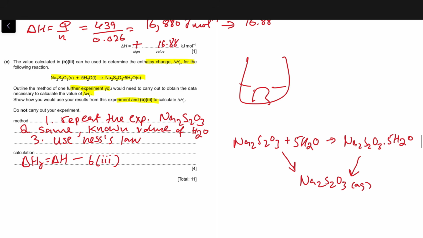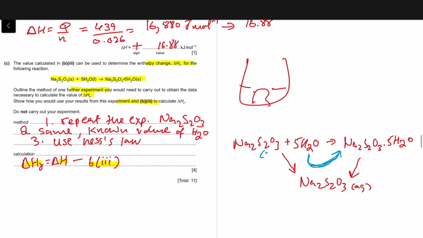Now, using the Hess cycle, to get our enthalpy change we'd subtract our enthalpy change by our previous calculation. The reason is, as you can see, according to the Hess cycle, we should go in this direction. To go from our solid to our aqueous is dissolution.